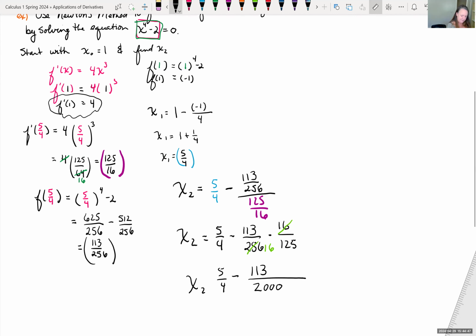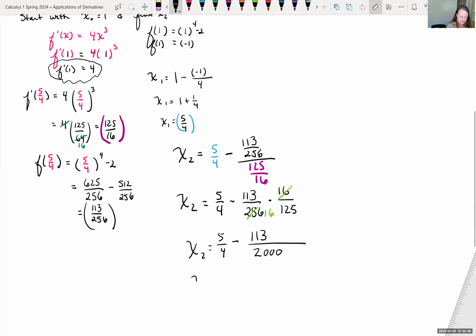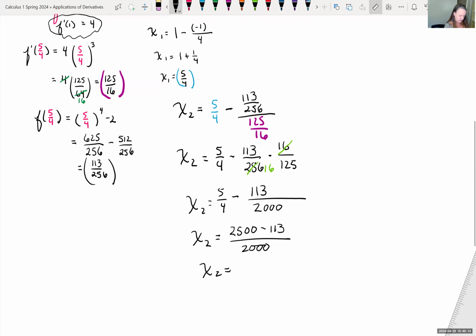So if I multiply 500 over 500 to that first fraction, that would be 2,500 minus 113 all over 2,000, which is 2,387 divided by 2,000.